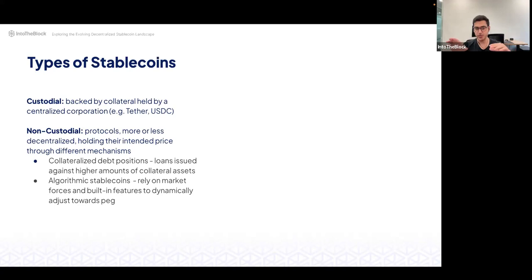And then on the more experimental side of things, there's algorithmic stablecoins, which rely on market forces and some built-in features to dynamically adjust towards the peg.